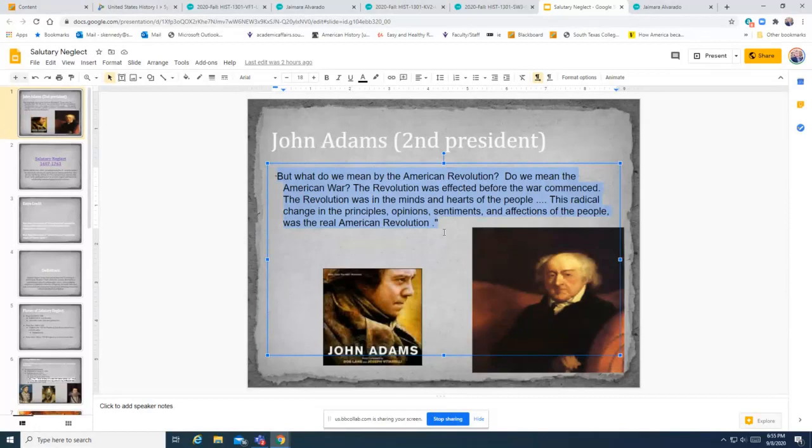And so this is the principle that developed during the colonial period under salutary neglect and became very important to Americans early on in its history, and still remains important, right? You still hear this, the overreach of the federal government.